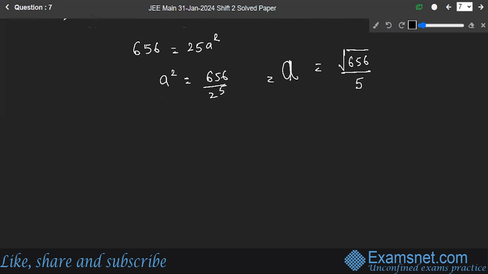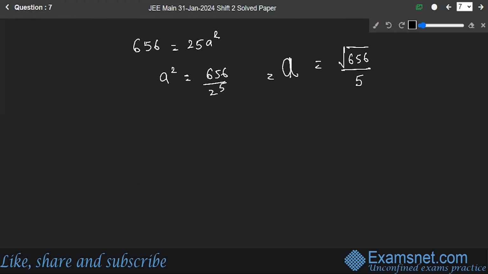And the corresponding value for b, we calculated b square was equal to a square upon 2. So b square is equal to 656 upon 25 into 2, or this is equal to 328 upon 25. That's your value for b square.